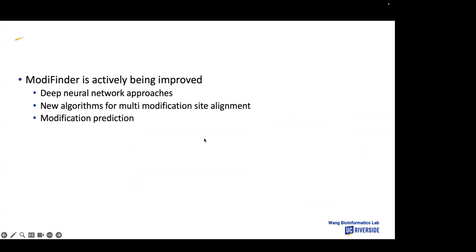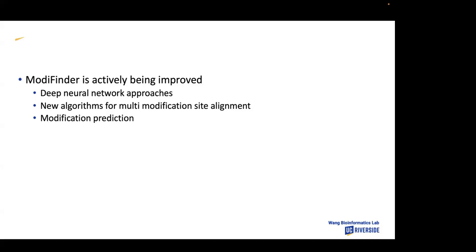So the final thing is that ModiFinder is being actively improved. We are developing tools for the modification prediction, so not just the formula, but the actual structure of the modification. We are developing algorithms for multi-modification sites.